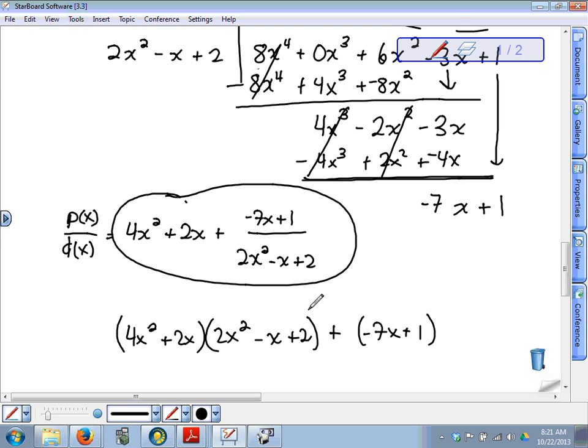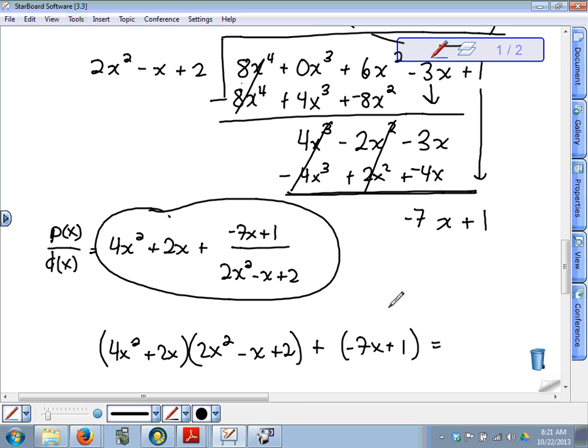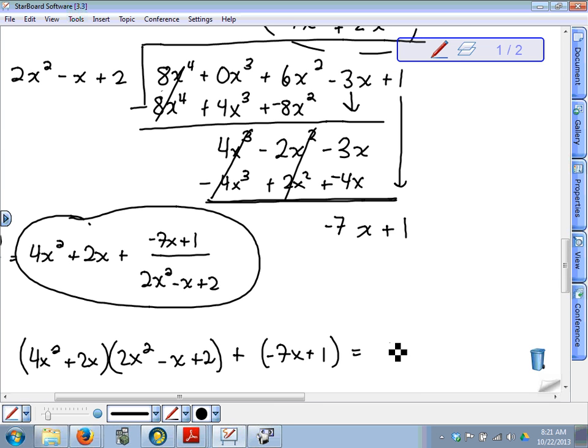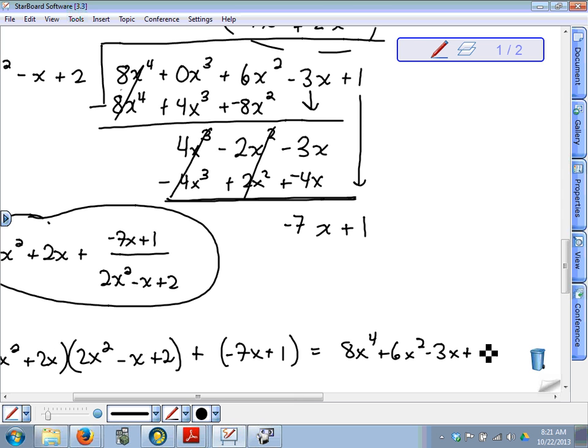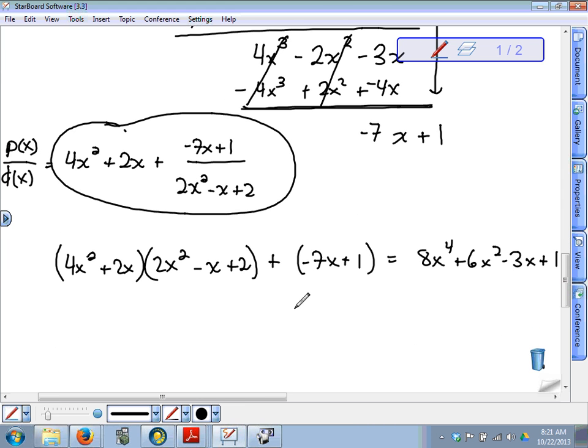What should that equal if all this were simplified and expanded? Yep, you're right. That should equal the dividend, what we started with: 8x to the 4th plus 6x squared minus 3x plus 1.